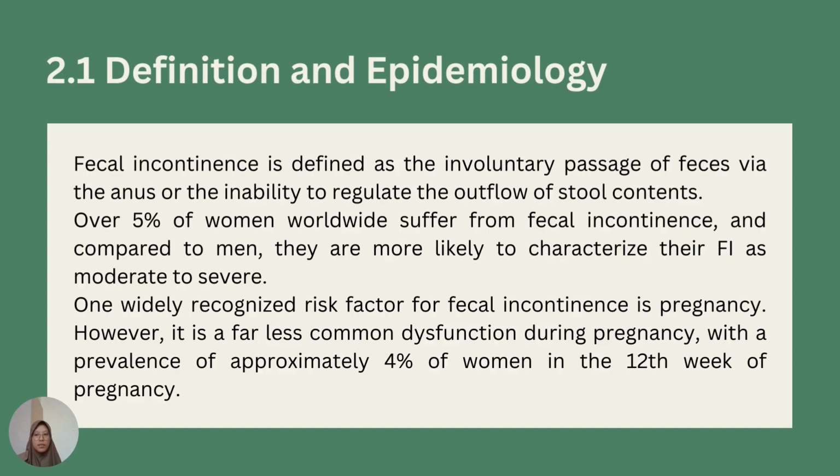Its intensity varies from involuntary passage of flatus to complete fecal evacuation. Depending on the severity of the disease, it can significantly affect the patient's quality of life. Over 5% of women worldwide suffer from fecal incontinence, and compared to men, they are more likely to characterize their FI as moderate to severe.